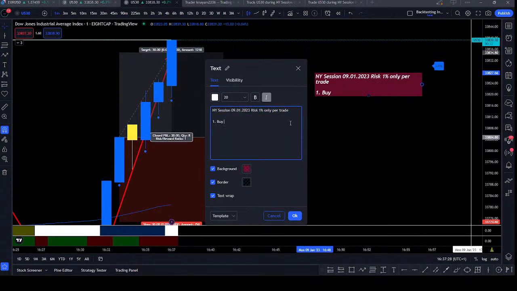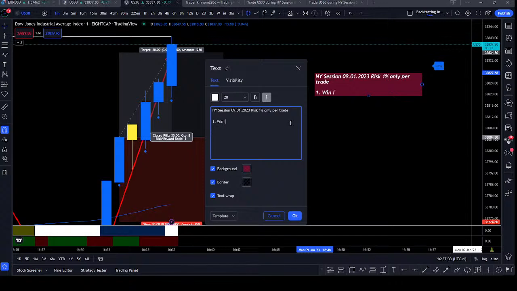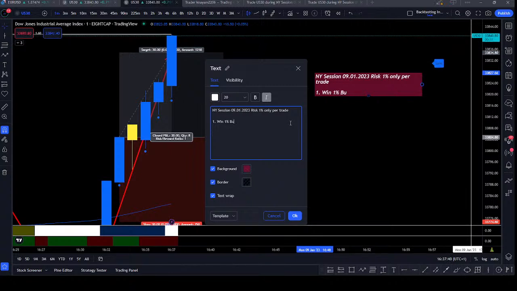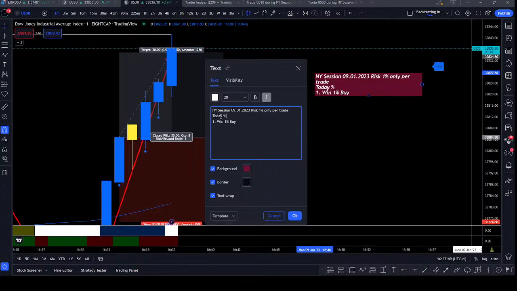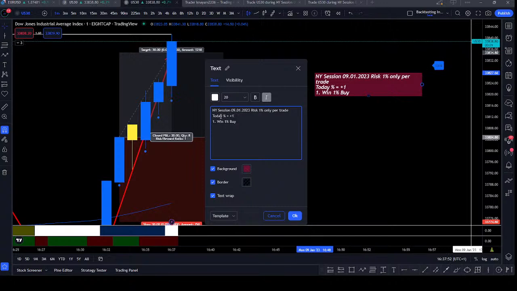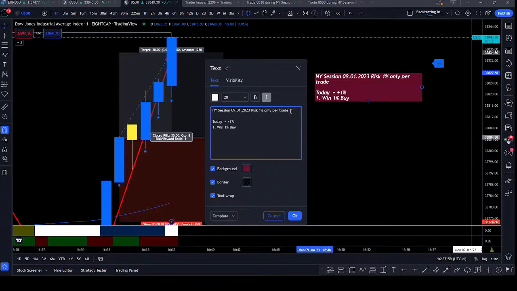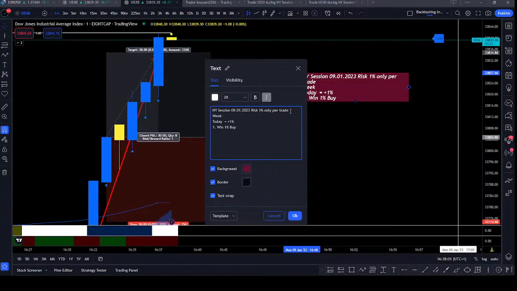Be patient. Great trade. That is what I want to do.